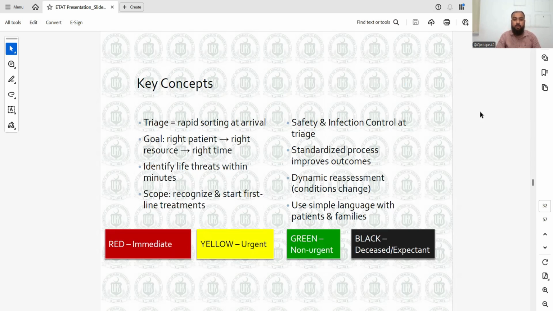Identify life threats within minutes, recognize scope and give first line treatments, with safety and infection control. A standardized process improves outcomes. Use dynamic reassessment when the condition changes, and use simple language with the patient and family. Red is the immediate, yellow is the urgent, green is the non-urgent, and black is the deceased.